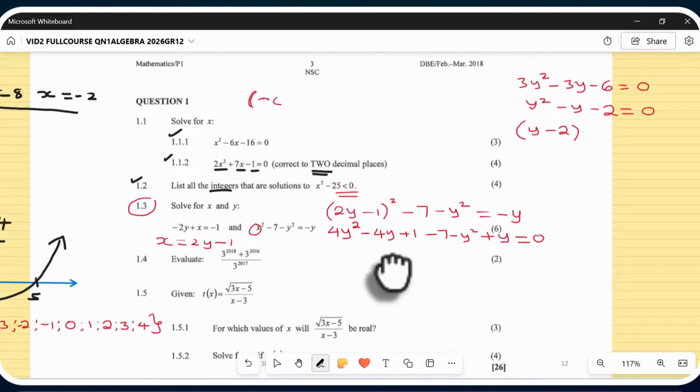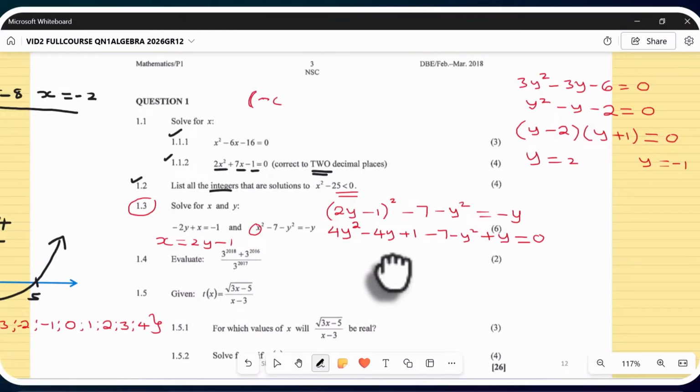So we see our x equals 2y minus 1, but now we have the value of y, which is 2. So 2 times 2, that is 4. Then 4 minus 1, that is 3. So x becomes 3.